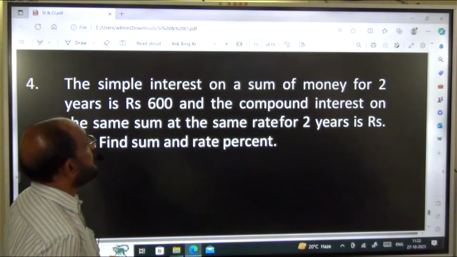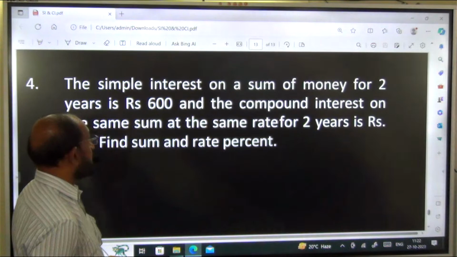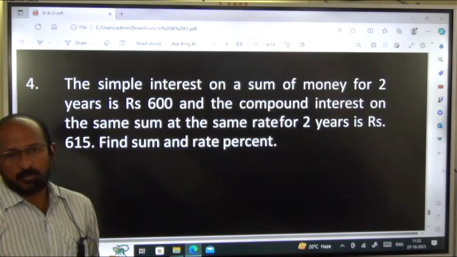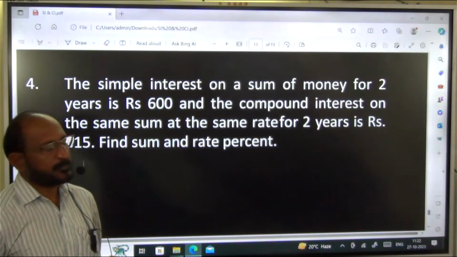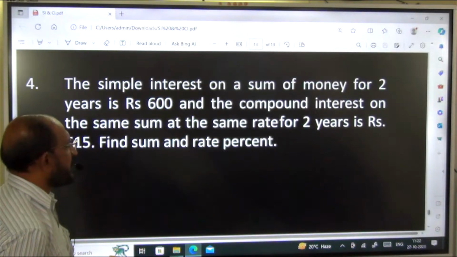Simple interest on the sum for 2 years is 600 rupees. Principal we don't know. Rate of interest we have to calculate.